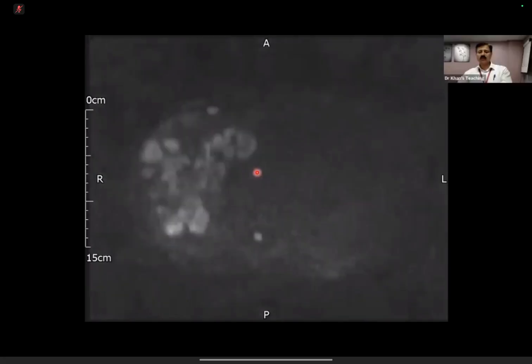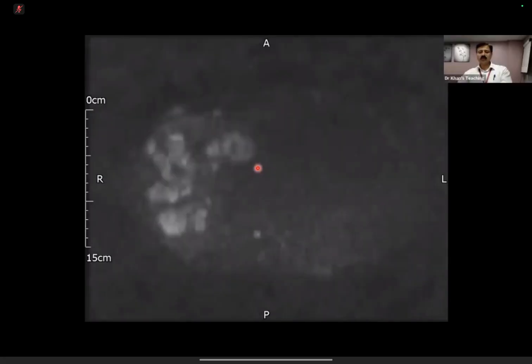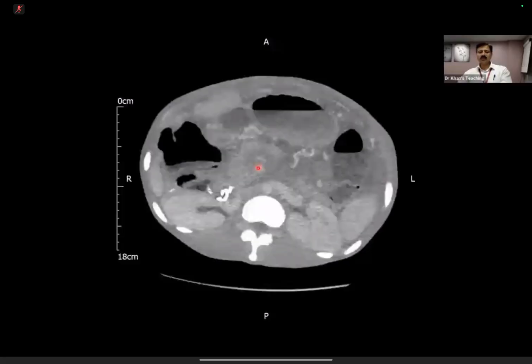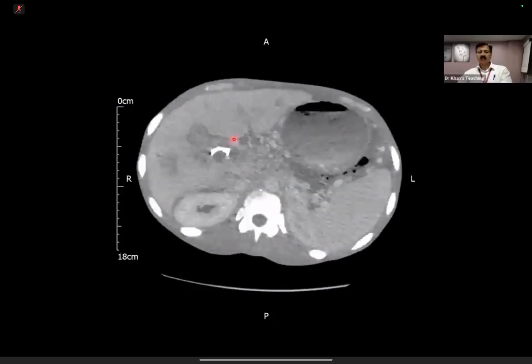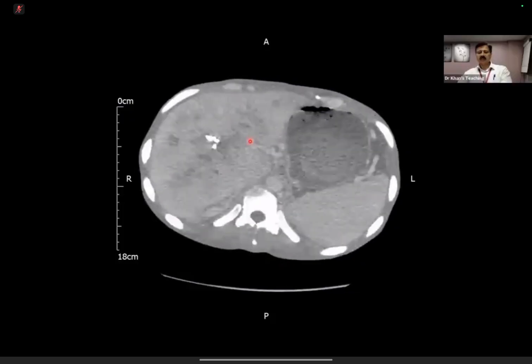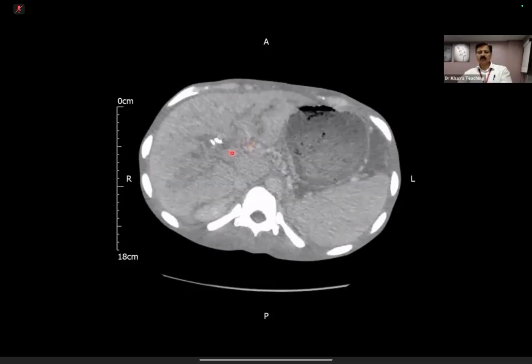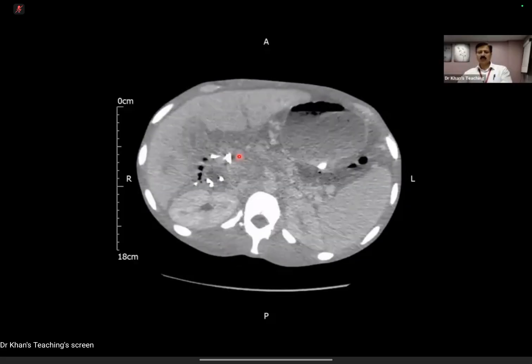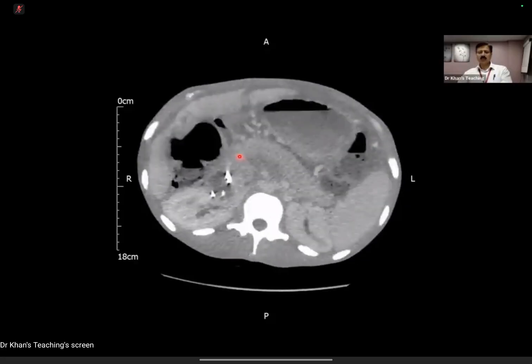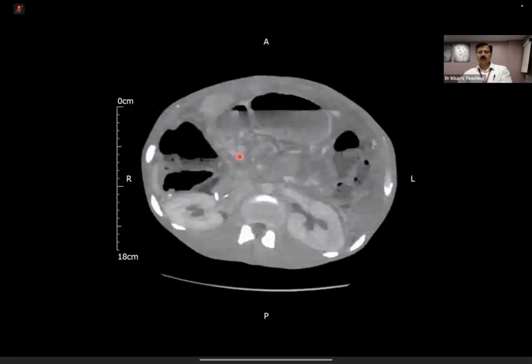So this is a case of pyogenic cholangitis. And this case, on a CT scan, there was previous surgery, there was a stent, etc. The patient developed fever, etc. There were things happening on this CT scan, but on diffusion, now this time the diffusion has picked up abscesses.